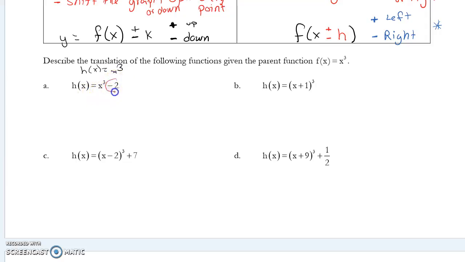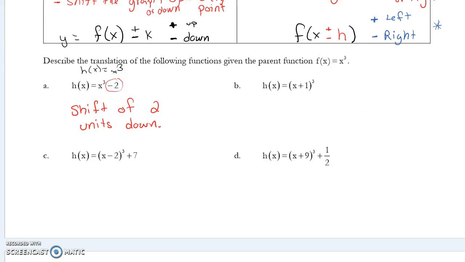Since I am subtracting 2 to the entire function x to the third, that's a shift up or down. Subtract 2 to the entire function, this would be a shift of 2 units down. And that's all we want you to be able to address at this point.